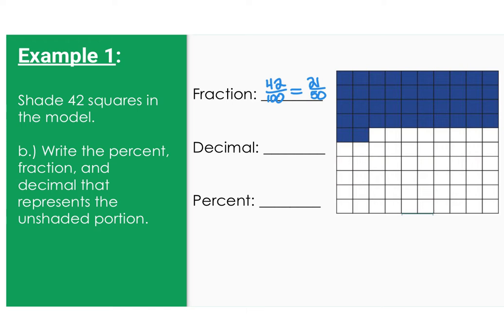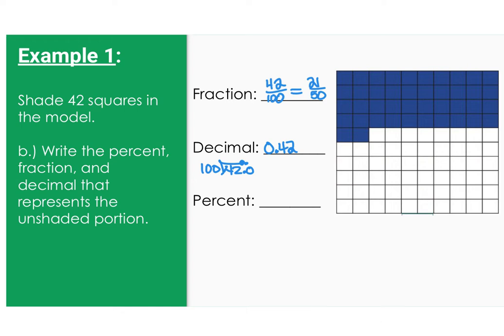So as a decimal, there's a couple ways I can do this, but this is 42 100ths. So one way I can do this is just making the last number in the 100 spot of the decimal. The other way I can do the decimal is taking 42 and dividing by 100. 100 cannot go into 42, so I have to put a decimal point in the 0.